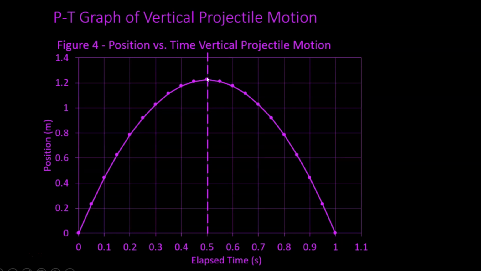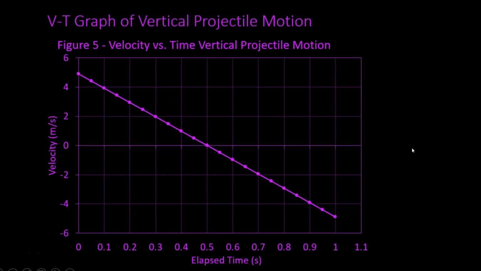It reaches its peak and momentarily stops moving, and then it speeds up as it heads down towards the floor. This line here at half a second is a symmetry of position.